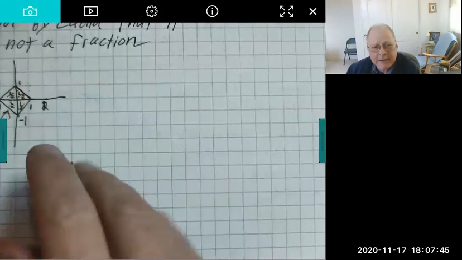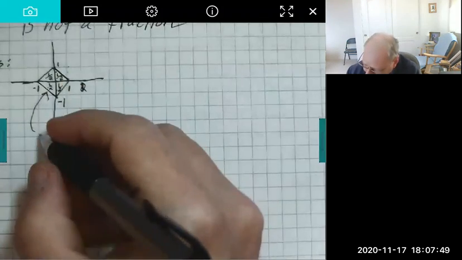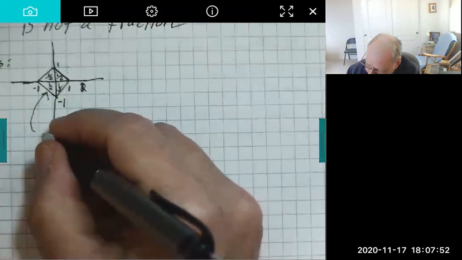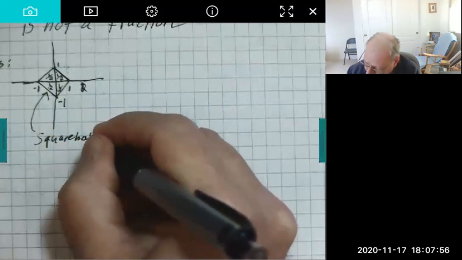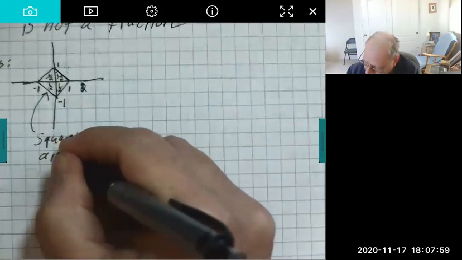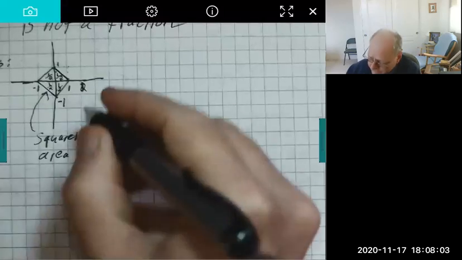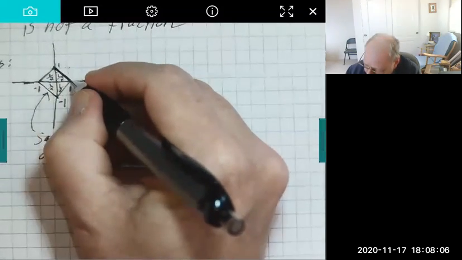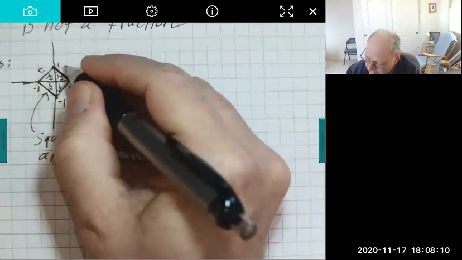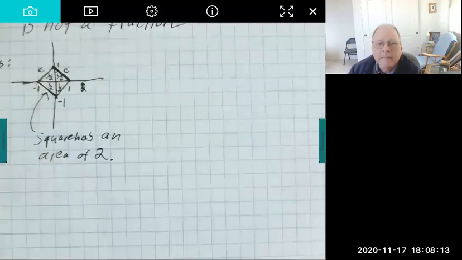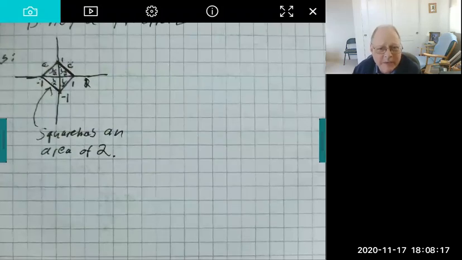So that tells you, or told Pythagoras, this whole square has an area of 2. But then it's a square. The way you make the area of a square is you multiply the side times the side, length times width.